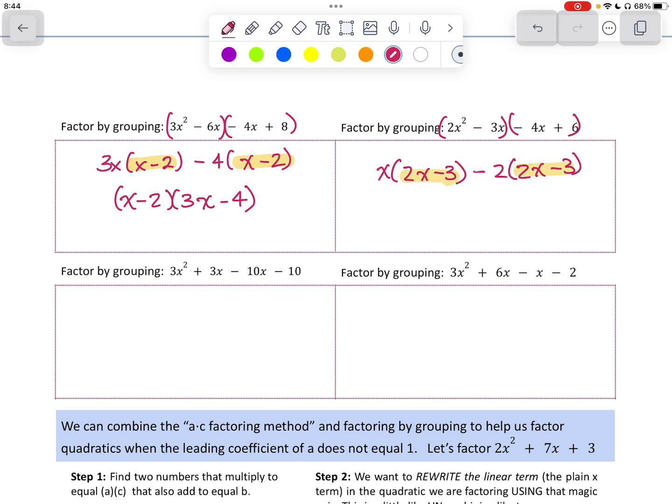Got these two that match, and the leftover part becomes the second factor.